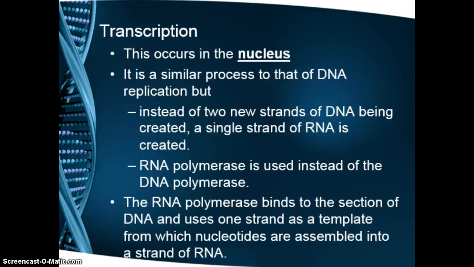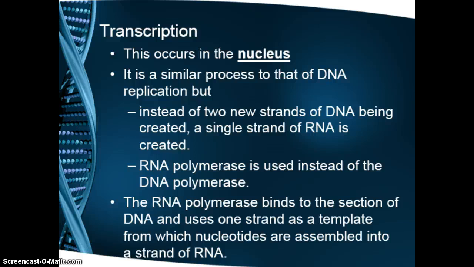So transcription occurs in the nucleus. Again, this whole piece of trying to get information out of the nucleus and into the ribosomes outside, we need some way to do that. It's a similar process to how DNA replicates, but a reminder, we only have a single strand of RNA, so it needs to act a little bit differently.